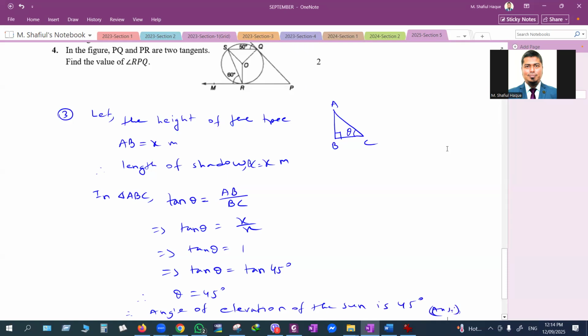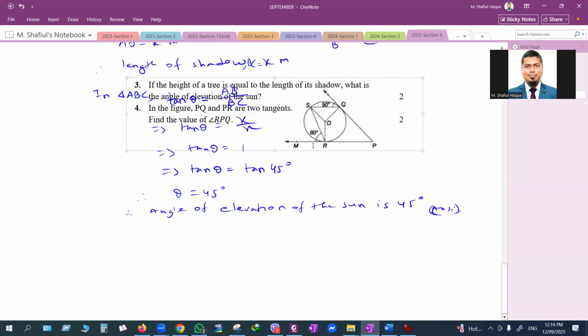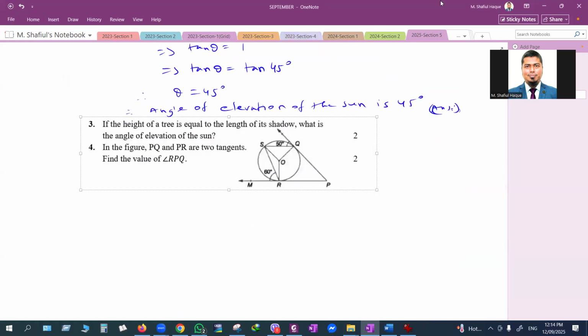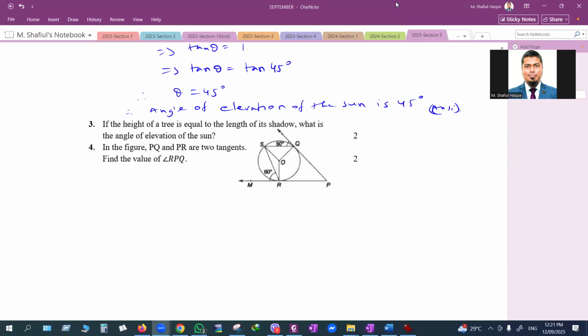Okay. Next figure. Now we are going to question number 4. In the figure, it is given that PQ and PR are two tangents.